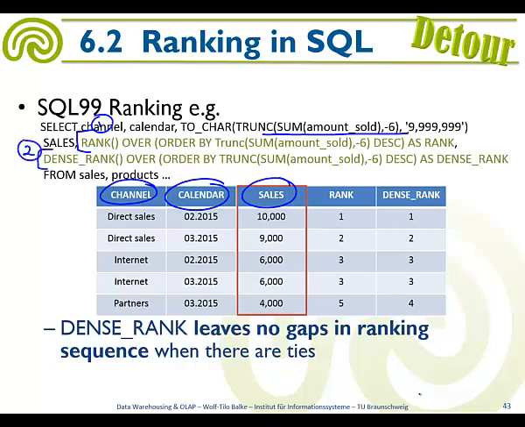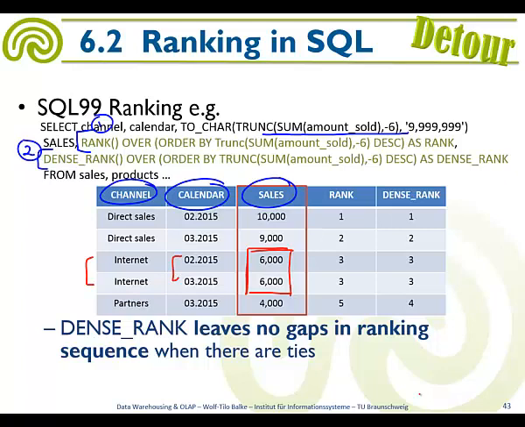So the two new functions that I've been talking about. And what do they do? Well, let's have a look. They're supposed to be deterministic now. That was actually our problem 3 slides ago, that is when the sales are equal for 2 different products, for 2 different channels, 2 different calendar dates.